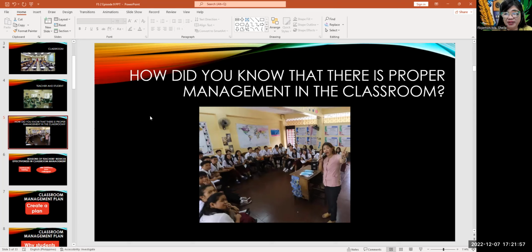Okay, so they are gathered inside the classroom. To have an effective teaching and learning environment, there is a need to manage the classroom, because classroom management is very important so that students would have a conducive place for learning. Okay.